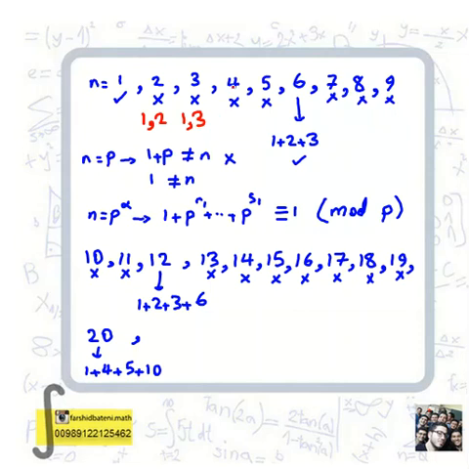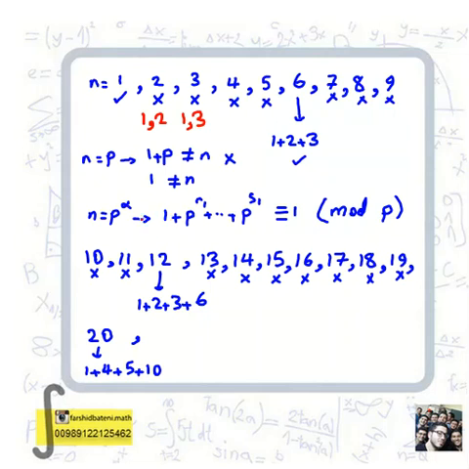And we continue. 4 is not good, 5 is not good, 6 is good: 1 plus 2 plus 3. 7 is not good, 8 is not good, 9 is not good. Now we can conclude that when n equals p to the power of alpha, it's not good.